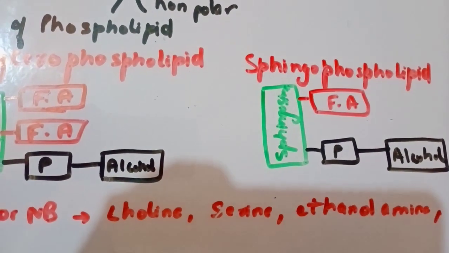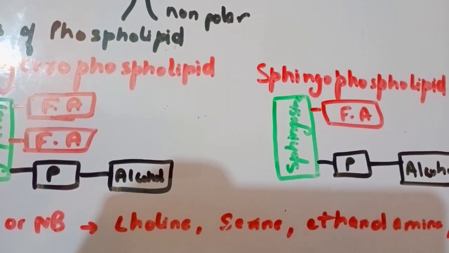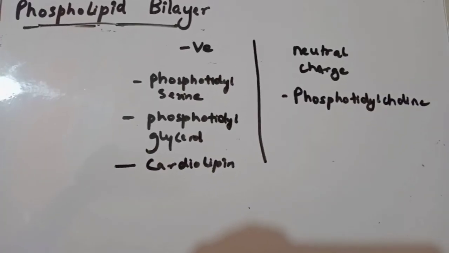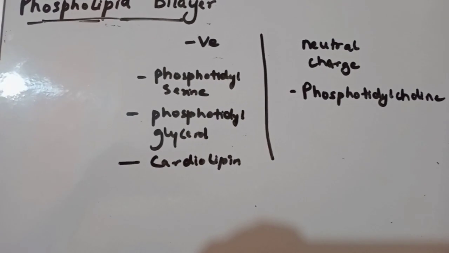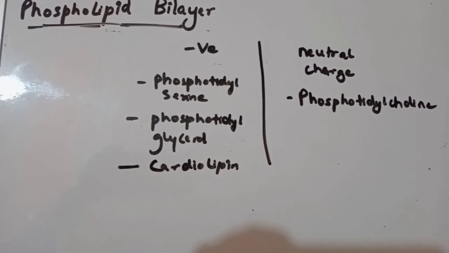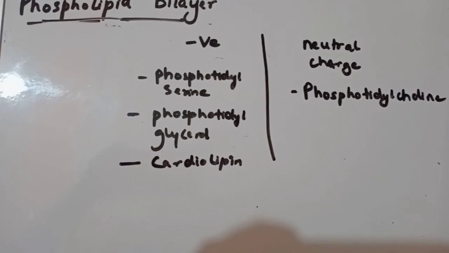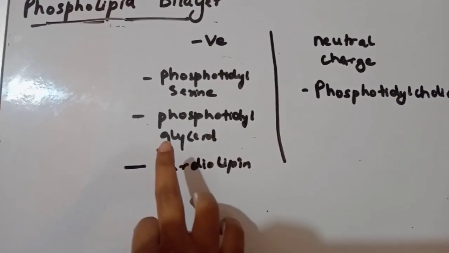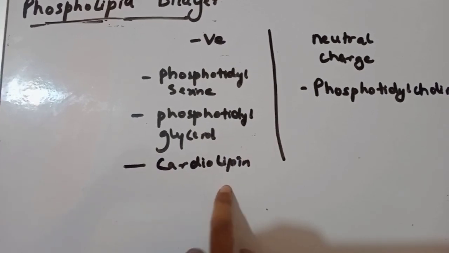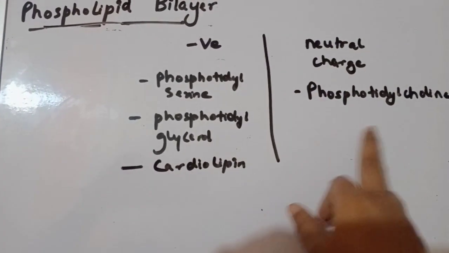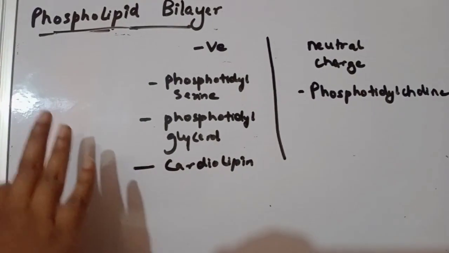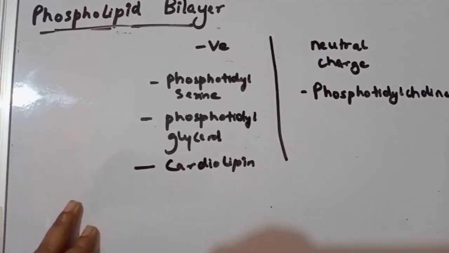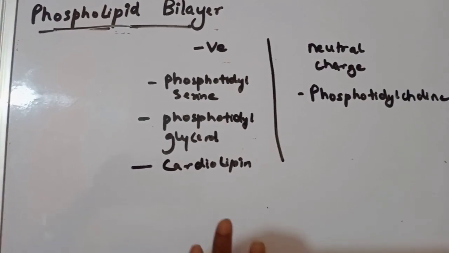There is a net charge present on these phospholipid structures: positive, negative, or neutral. Negative charge is present on phosphatidyl serine, phosphatidyl glycerol, and cardiolipin. Neutral charge is present on phosphatidyl choline. There are some rare phospholipids that contain positive charges.